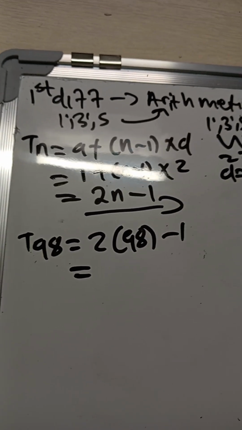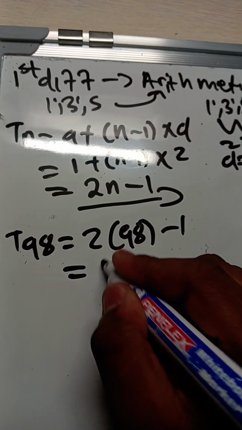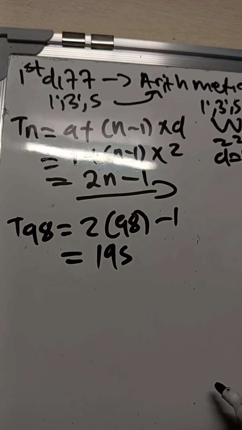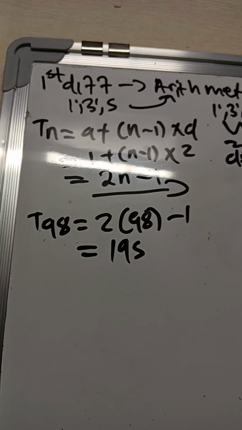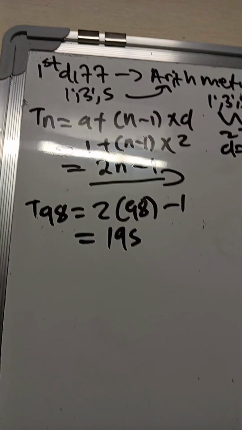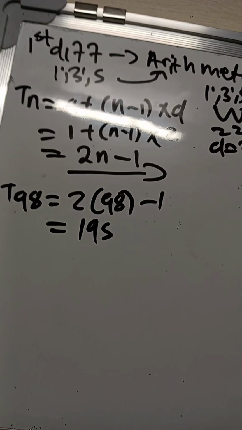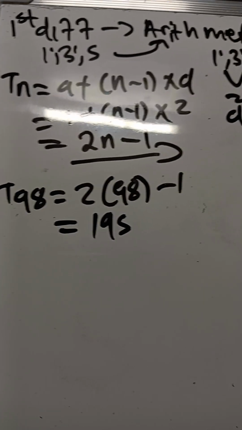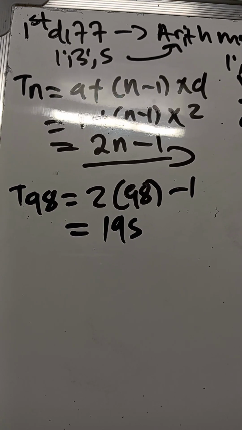Minus 1, I'm going to get 195. Yes, 195. Okay, now let's continue. What else are we supposed to calculate? Since we have that data, we are going to continue and find the value of the thing now.